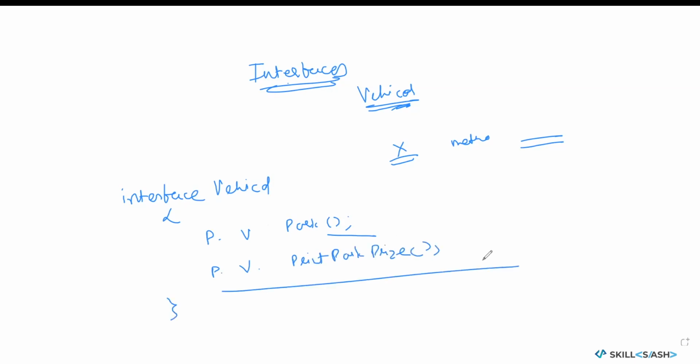So in this way I can just define the methods that the class will have. And interfaces are much more useful in design patterns, which abstract classes are not, because you are defining what a subclass should have.